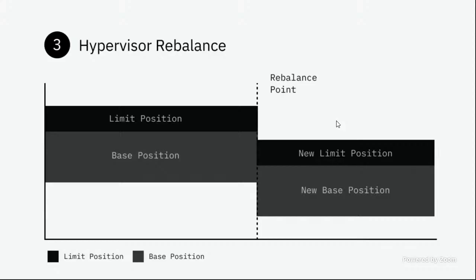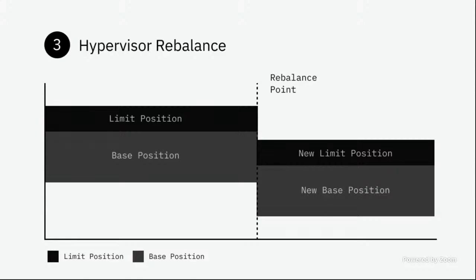And finally, I'm going to talk to you briefly about one of the key parts of the hypervisor, which is the rebalance. When a rebalance is initiated, the hypervisor places two positions. We place what we call a base position, which contains both types of tokens and necessarily includes the current price in the pool somewhere in there, and then what we call a limit position, which is a single-sided position with whatever token was enabled to be placed.